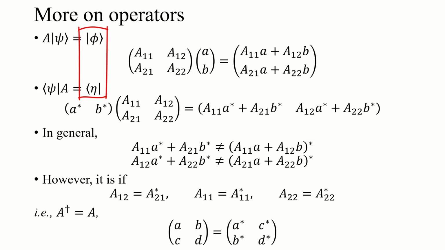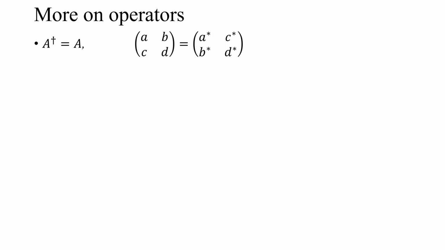Another way of writing this is if A is equal to A dagger, i.e. if you take the transpose of the matrix representation of that operator and complex conjugate it, if those end up being equal, then that result is true. The operator acting on some ket gives us a new ket, and that operator acting on a corresponding bra gives a bra. The results are going to be the corresponding ket and bra.